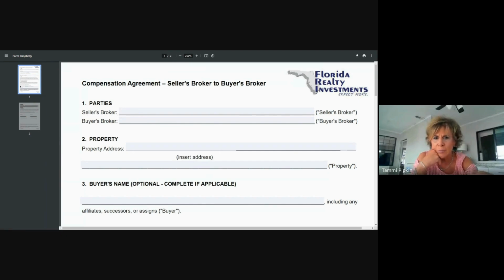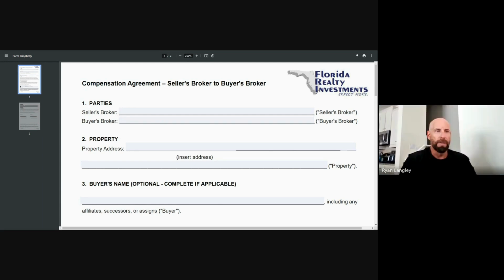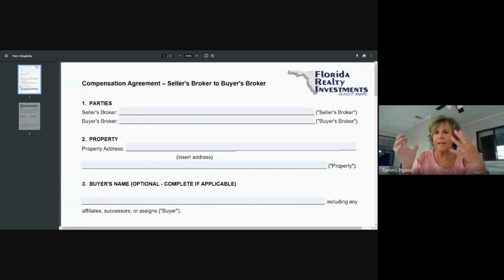I was going to call DotLoop and see if they would convert our DotLoop forms into autofill, but I haven't done it yet. Well, we've got them on autofill right now, the way they are. You can autofill it, but our DotLoop would automatically auto-populate all of that stuff once we put the buyer's information in. You can fill it here and just add it for signatures in DotLoop.